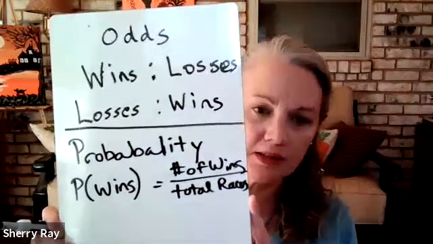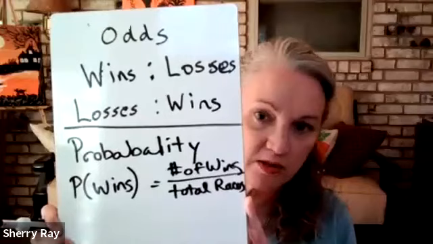The probability that the horse wins would be the number of wins over total races. Or the probability that the horse loses or the team loses, for example. You can think of, rather than races, maybe you have games. The probability that you win would be the number of times you win over total games.